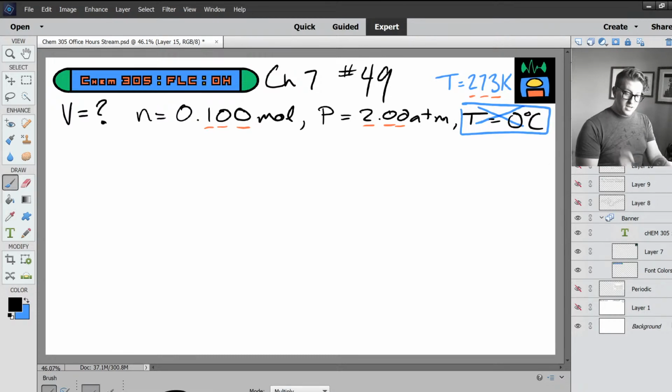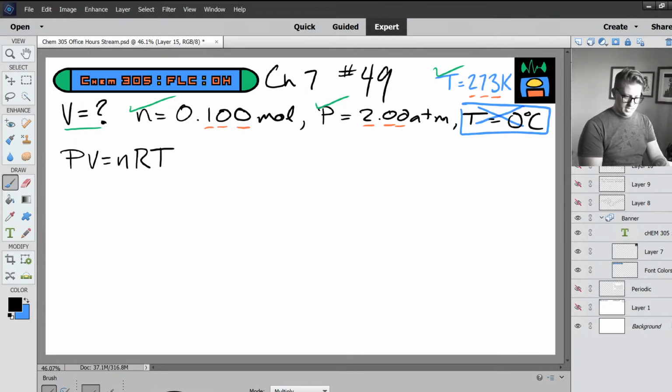Now you'll notice that we're being asked for volume and we've been given moles, pressure, and temperature. This is beginning to smell like an ideal gas law problem. PV equals nRT.